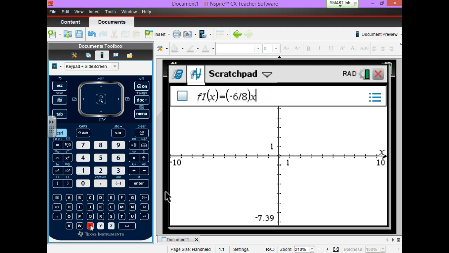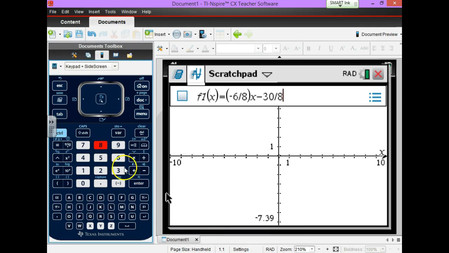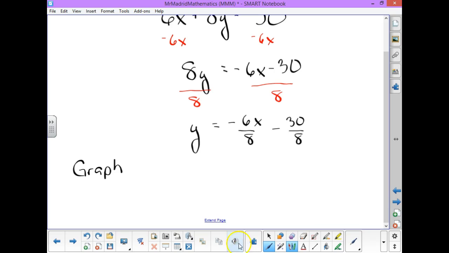Okay. And I think it's minus 30 eighths. I'll check right now. Minus 30 eighths. Okay, then I'll hit enter. Okay, so there it is. I find the match if it's a multiple choice test. And there we go. Okay, let's go and move on.